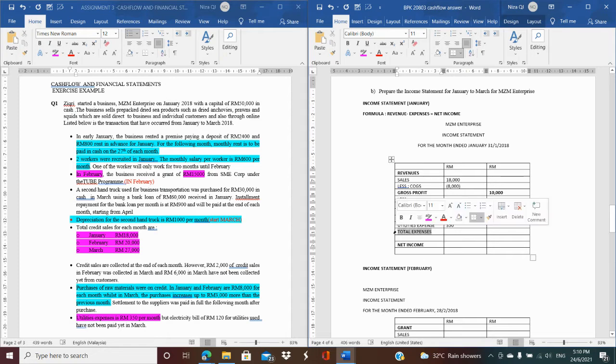What will be the total expense? Add this up: 800, 1,200, 350. So you are going to deduct 2,350.